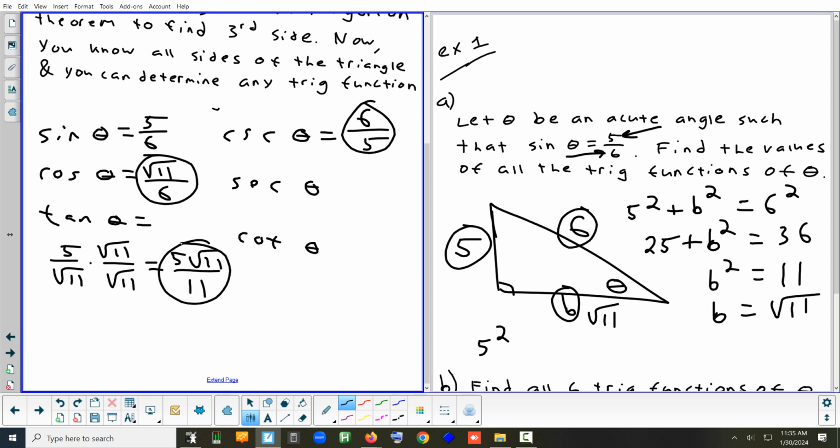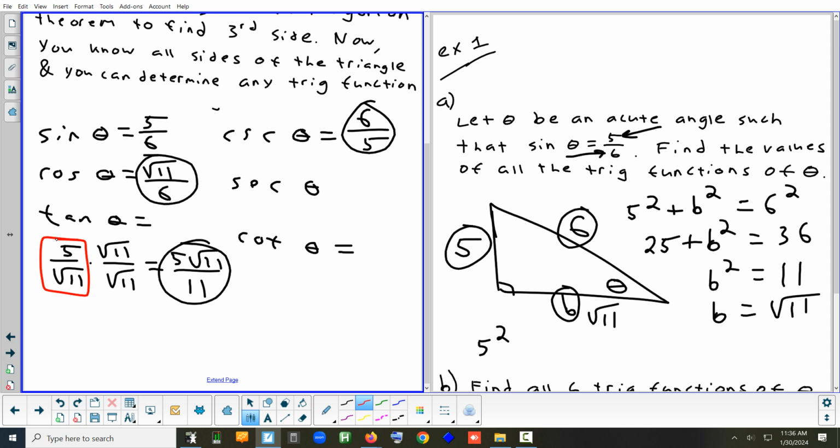Okay. Now, let's do the cotangent. We know we have to flip the tangent. You can either flip what we had originally, or you can flip the final answer. They're the same thing. Which one would be better to flip? The first one. Why?